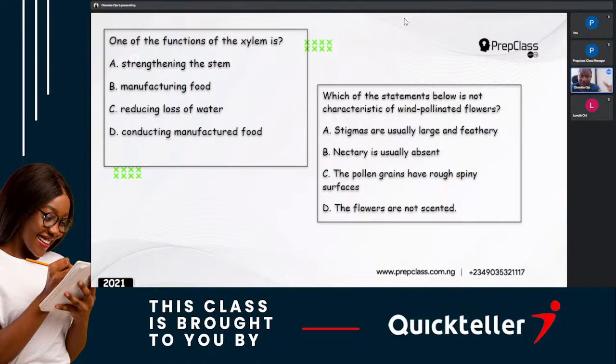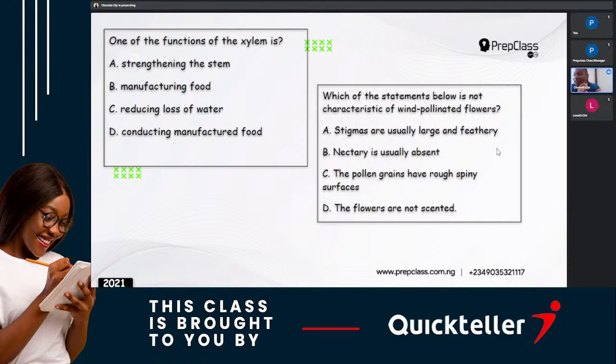So that's the function of the xylem. Then also it provides physical strength, physical support to the whole plant. You know, it is when you eat food and you drink water that you have strength. So the function of the xylem is to provide the water and the mineral salt that the plant needs. When it provides them, it strengthens the plant.